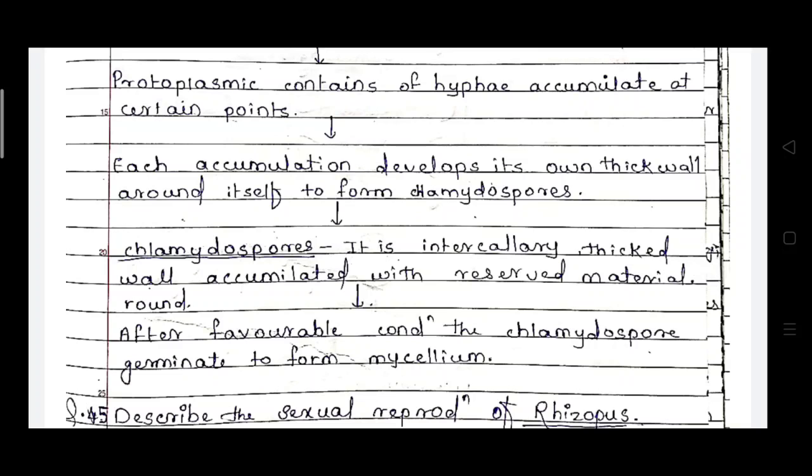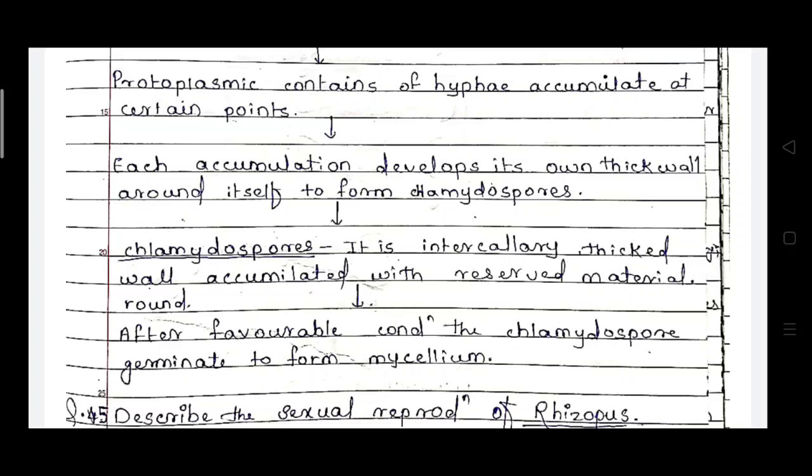So these chlamydospores are placed intercalary in between the cells. They form a thick wall around them, and they can also store reserve material.